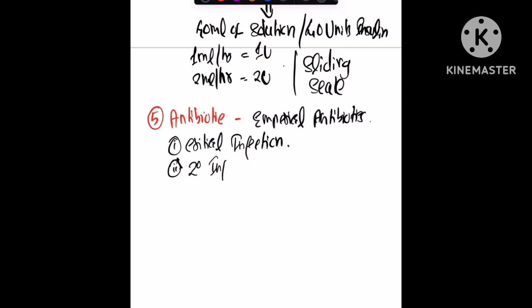Because when the patient is having this diabetic ketoacidosis, their immunity is very much compromised, and the patient can land up in more critical conditions. So for that, we have to use antibiotics.